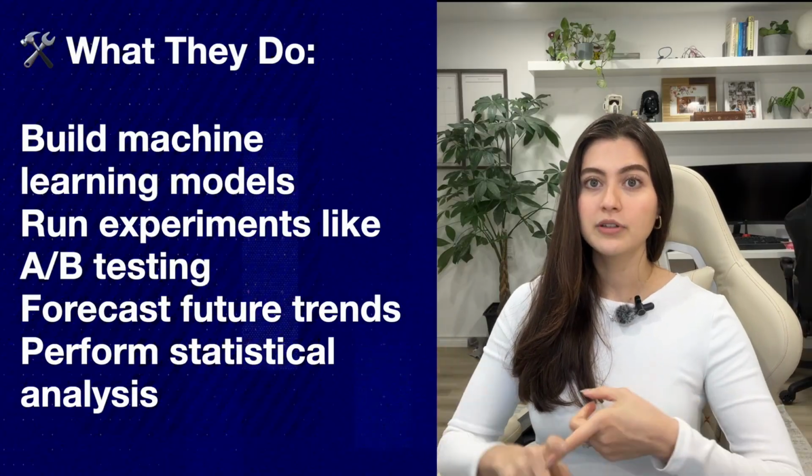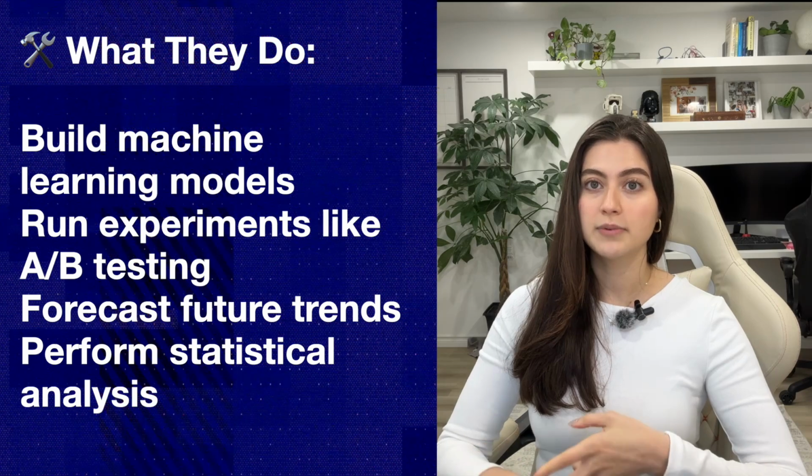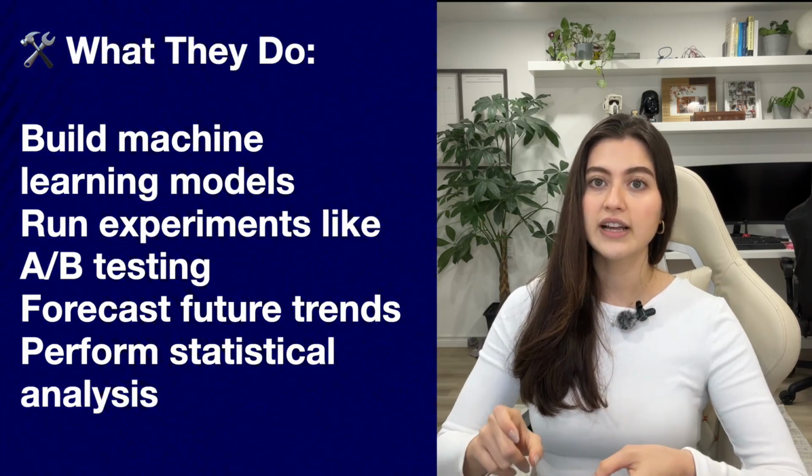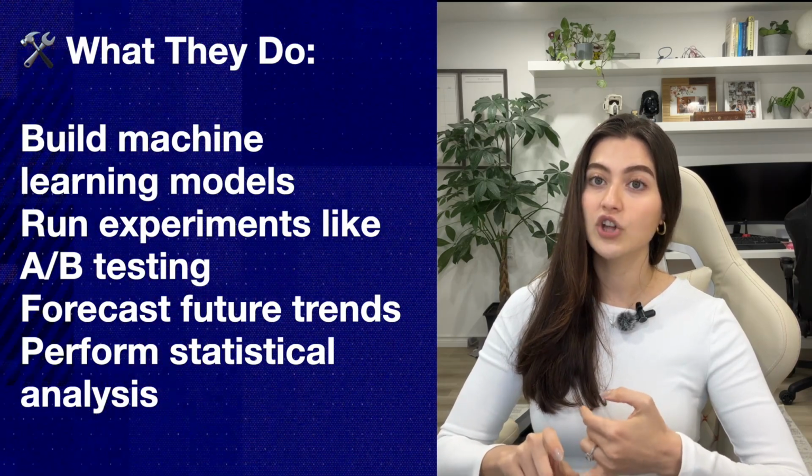Data scientists are more common in large organizations with more complex data needs, which also means more competition for fewer roles. So what do they do? They build machine learning models. They run experiments like A/B testing. They forecast future trends and perform statistical analysis. The tools they use are Python, R, SQL, Jupyter Notebooks, and Amazon Web Services for deploying models.